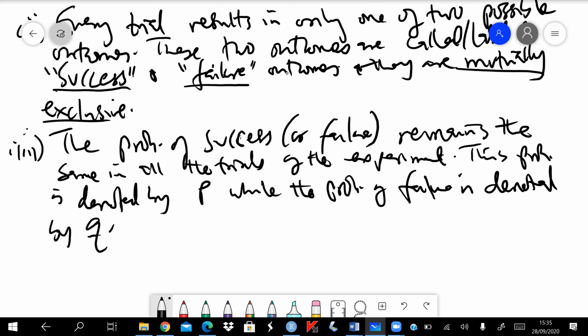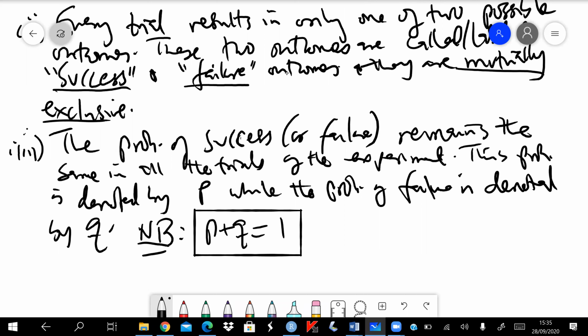So we use letters p and q to denote the probability of success and failure, respectively. And because these two outcomes are collectively exhaustive, we say that p plus q is 1. So for every trial, p plus q is always equal to 1.